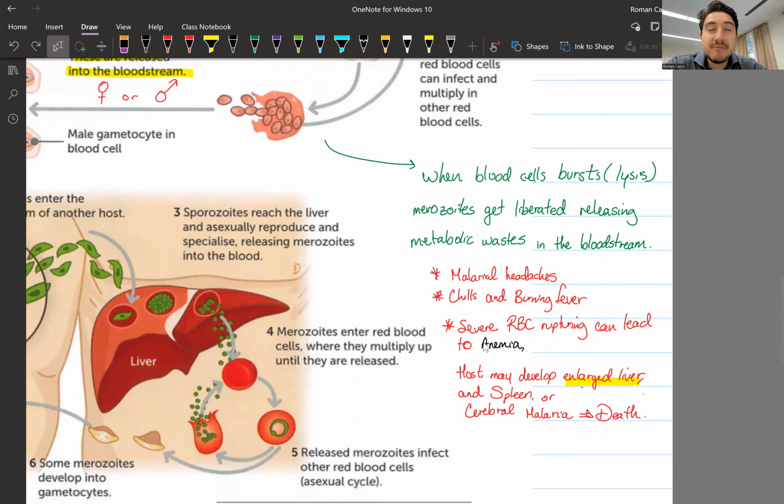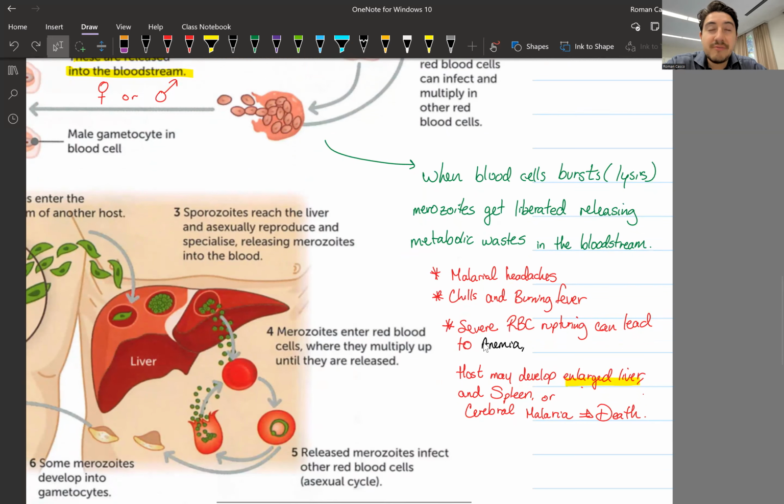If you have a severe case where they're rupturing and exploding, not all but the majority of your red blood cells, that could lead to anemia. You can't carry oxygen efficiently, so it's difficult, you lose breath. You feel generally weak.